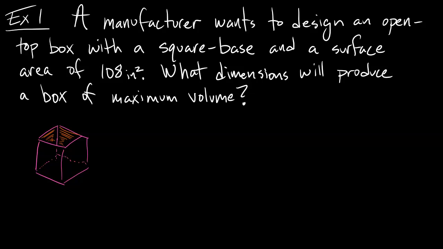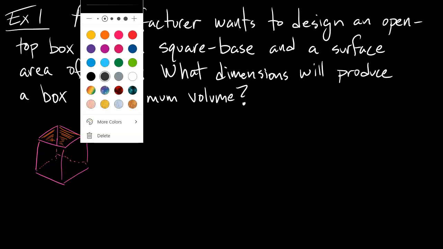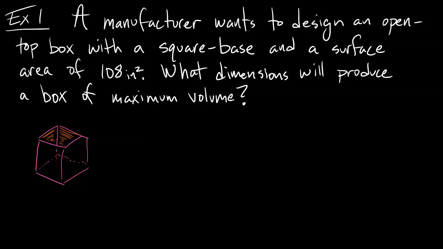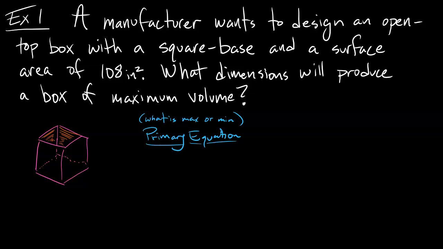So what we generally do is break this up into two different kinds of equations. You're going to have a primary equation, and the primary equation is what we're trying to minimize or maximize. And then you're going to have a secondary equation. The sole purpose of the secondary equation is to help you find the answer to the primary.